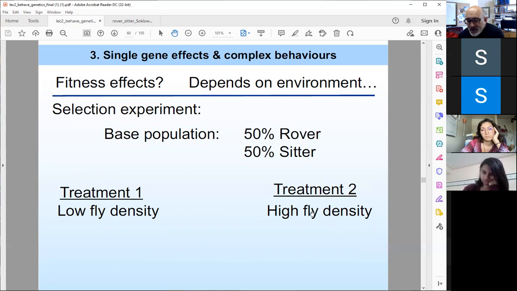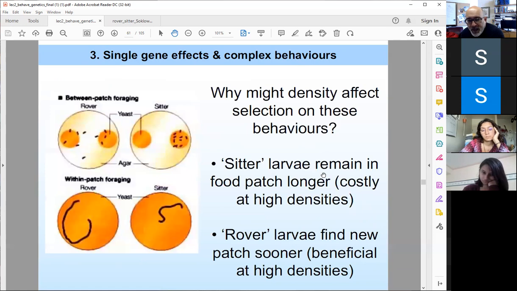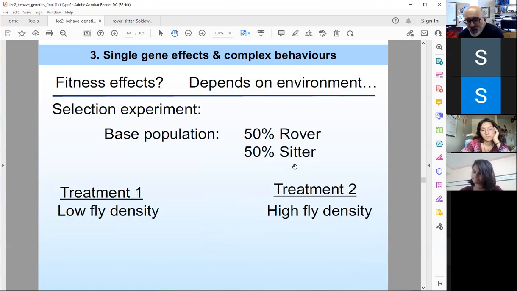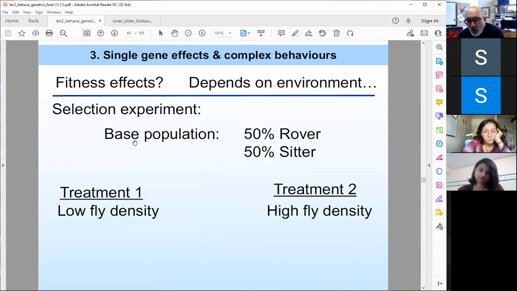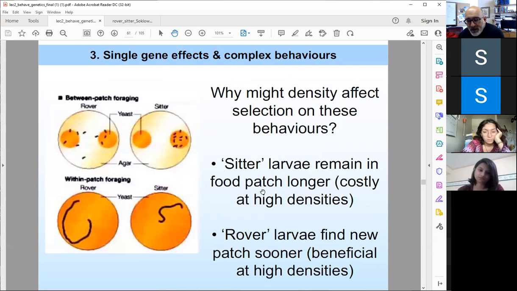That means the density of the larvae was either low or high. You can test to determine which is going to emerge as the most predominant phenotype, the sitter or the rover. And you might ask, well, why does density matter? Why are we manipulating density?